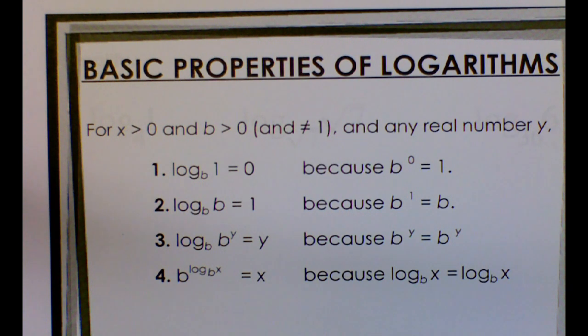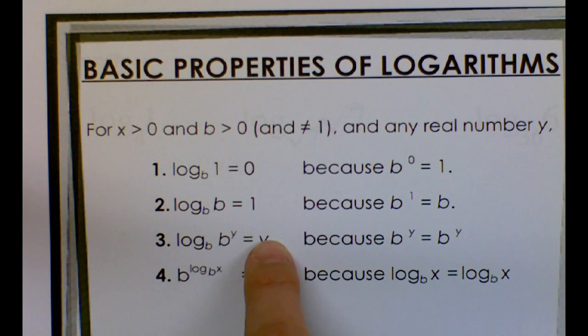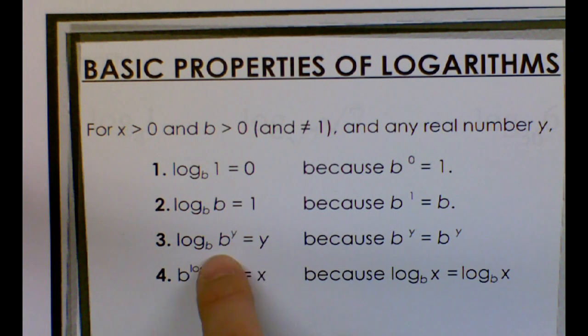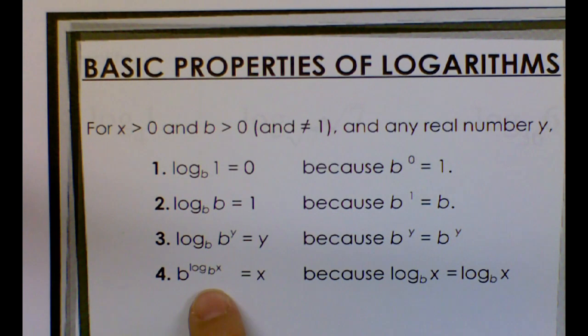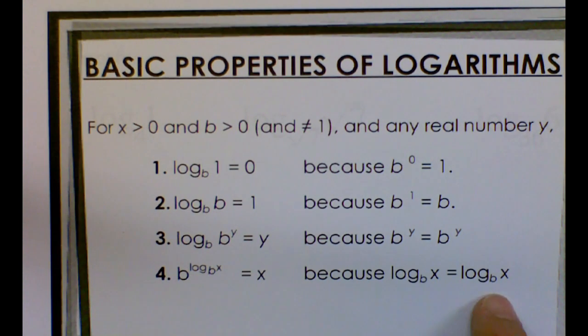Log base b of b to the y power is y because b to the y power is b to the y power. And b to the log base b of x power will give you x because, remember, I'd rewrite it as a logarithm with this base of this value. Well, that is already what it says in the exponent.